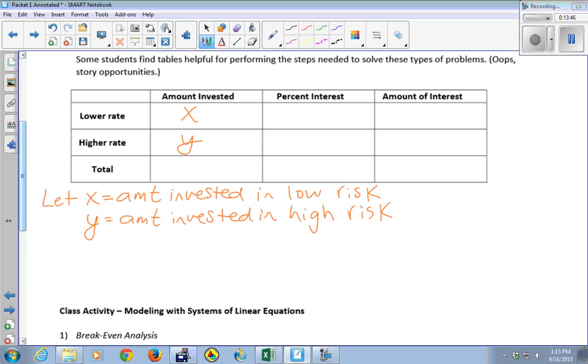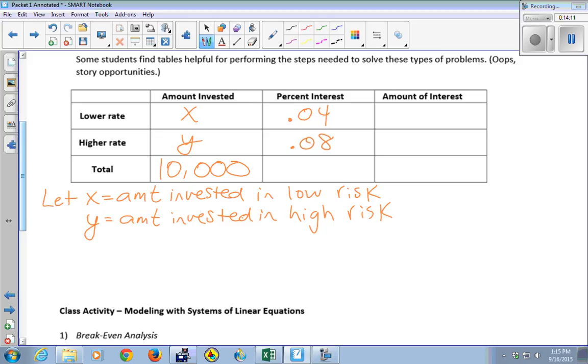And what's our total? $10,000. So I'll put $10,000 in my total investment. My percent interest for the lower risk is 4%, and the higher risk is 8%. They didn't tell me what kind of interest I want on the whole thing, so I'm just going to leave that blank for now.